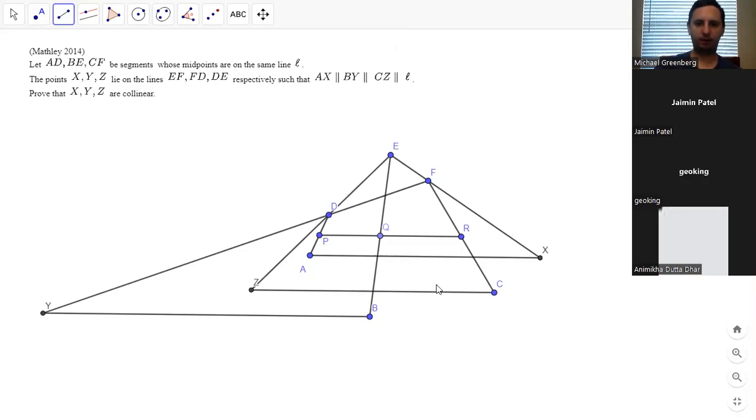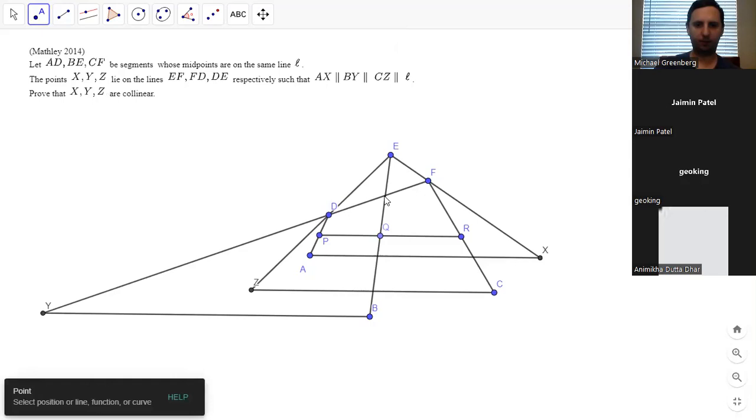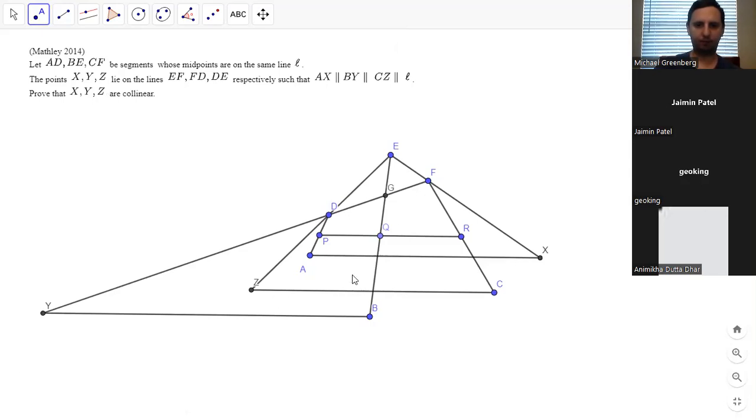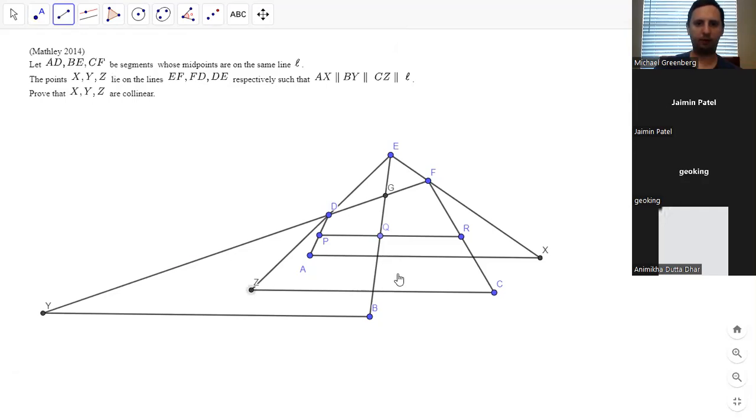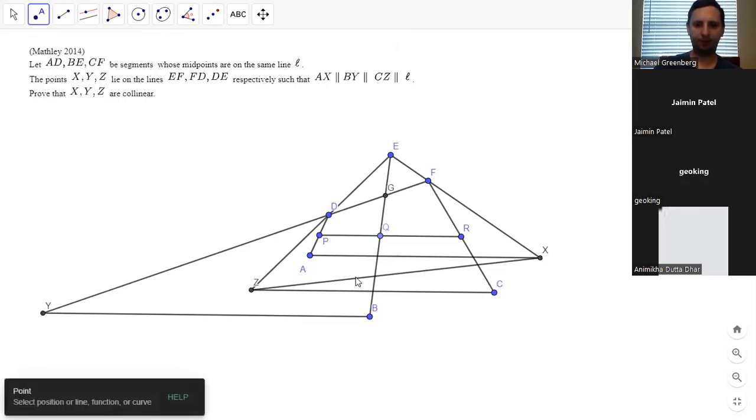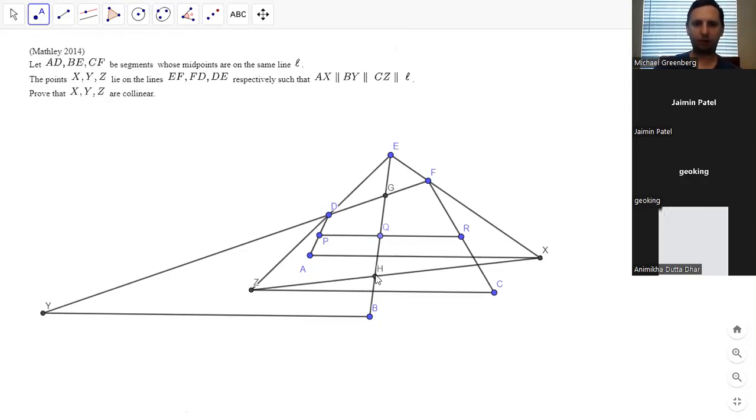Yeah, what if I did this? So I'm going to draw in a few points here. What if I first let XZ meet at a point, and then I try to calculate the cross ratio EGQH or something like that. And then I let YZ meet it at H prime, and I try to compute the same cross ratio, and then I try to show that they're the same.